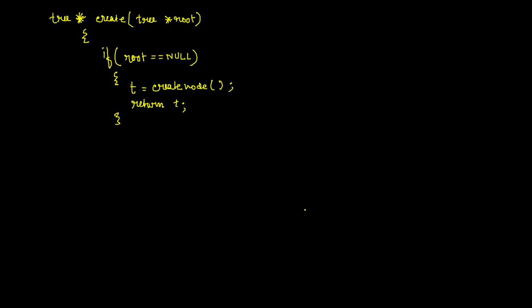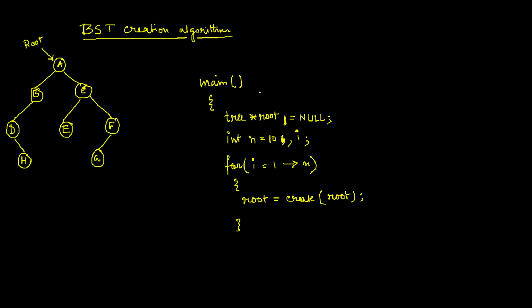I'm not forcing you to use a tree pointer, you can use void also, but you have to remember that when you use void, you cannot have the scope of root within main only. It must be visible directly to the create function. In that case, root has to be a global variable. So when you write a program, you must keep all these things in mind.